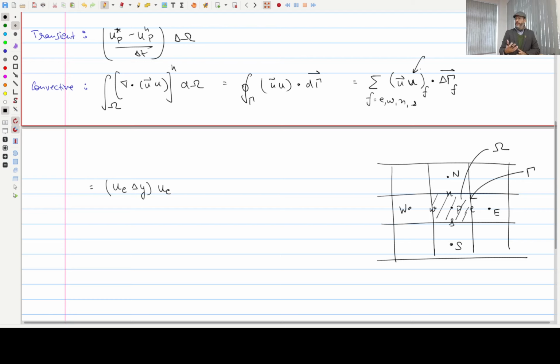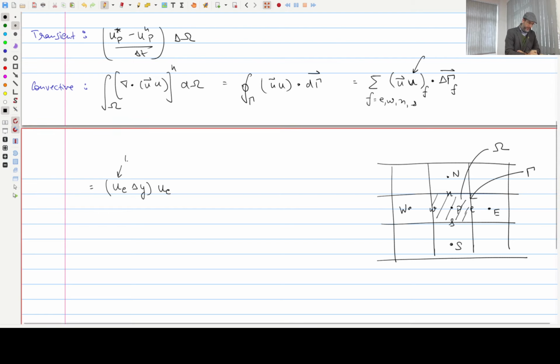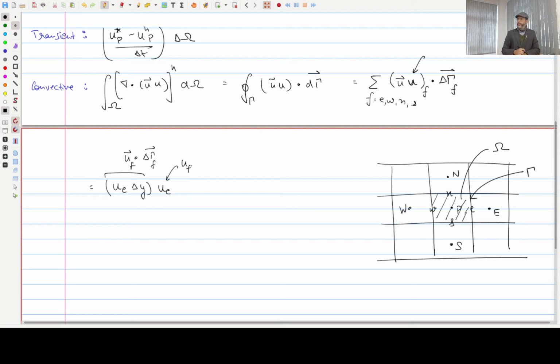So you have three terms, right? I am writing it in such a way that this whole thing is coming from u vector dot delta gamma, and this is your uf. What is u vector? This velocity vector.